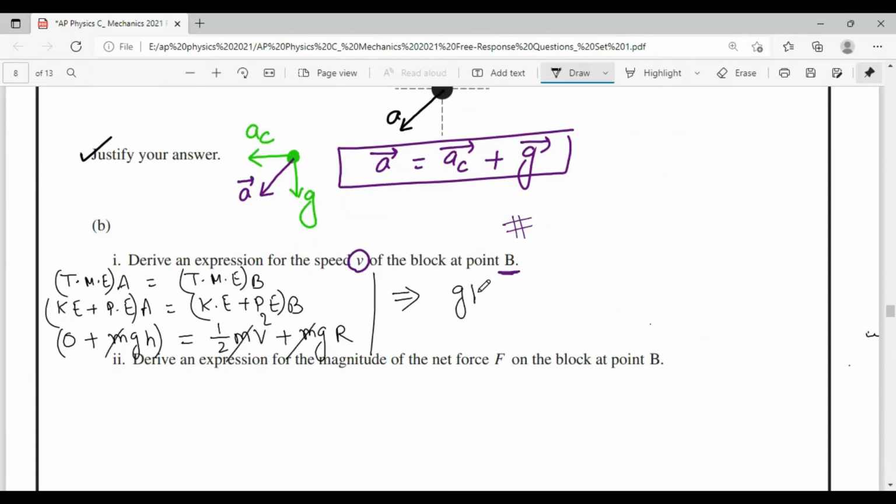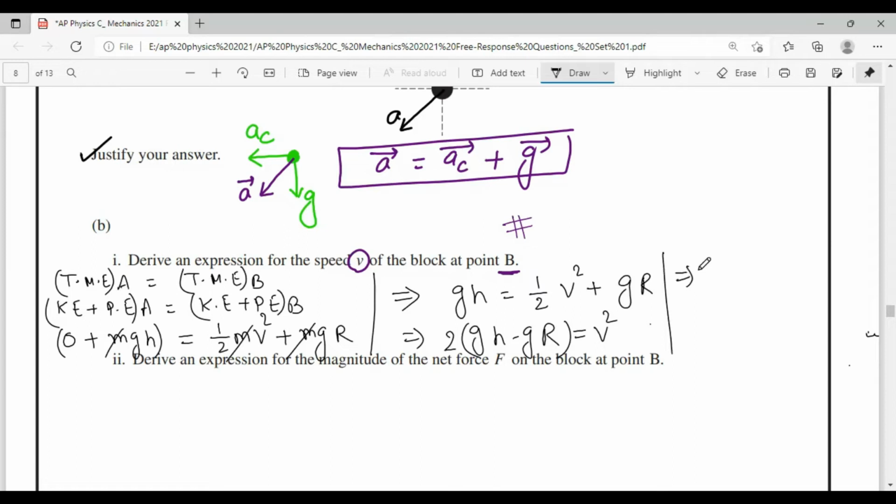So we get gh is equal to half of v squared plus gr. Let us solve this. So gh minus gr, times 2, is equal to v squared. So we get v squared is equal to 2g(h minus r).